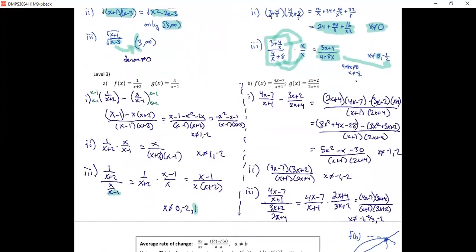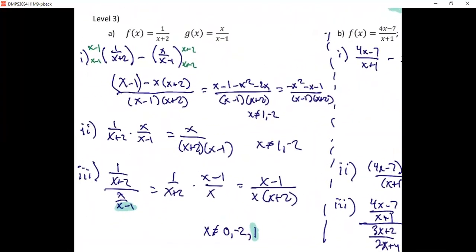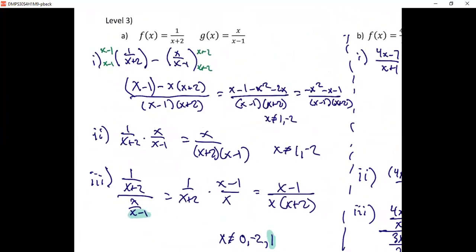For my level 3 problem, 3a, I think the difficulty is that we are now working with combining fractions together, so this is still a bunch of skill review. We're combining fractions together by subtracting. Whenever we subtract two polynomial or rational fractions, we have to have a common denominator, which I showed here. We multiply by x minus 1 over x minus 1, and this one by x plus 2 over x plus 2.